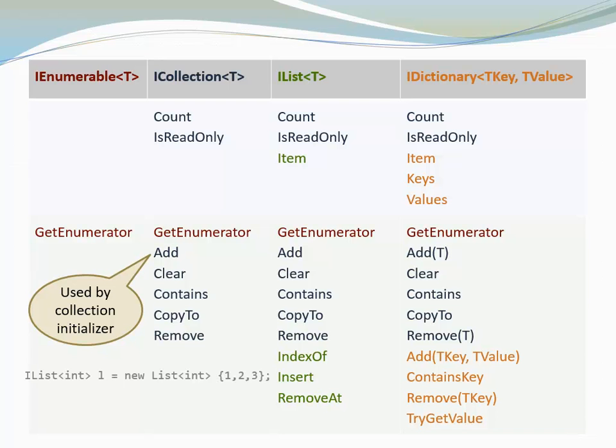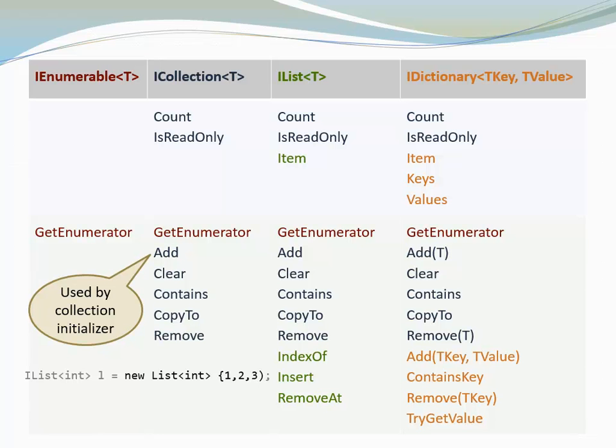The variable L is of type IList because it is a good practice to program to an interface. As we declare L, we also initialize it with a list that contains the elements 1, 2, and 3.